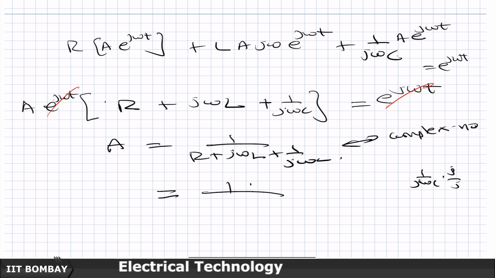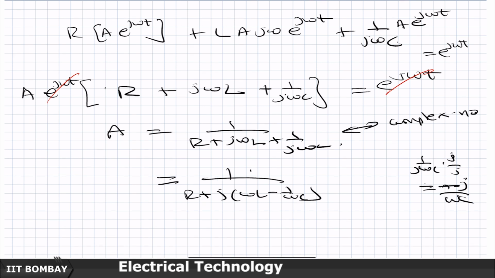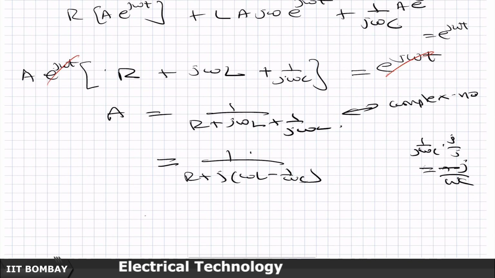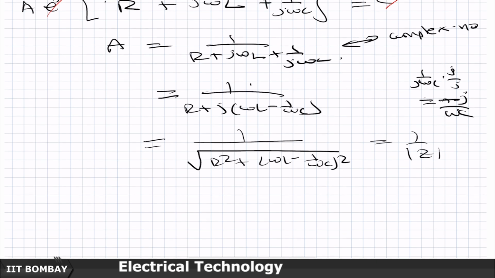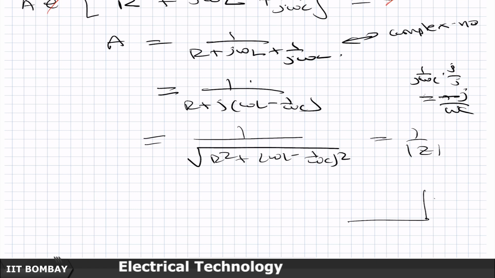So, therefore, this can be written as 1 over r plus j times omega L minus 1 by omega C. In other words, this is going to be minus j by omega C. So, this is going to be something like this, whose magnitude is a number that we have already seen earlier.